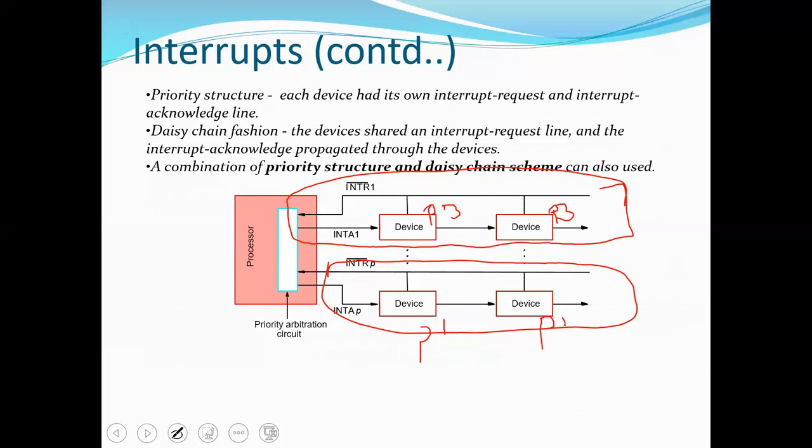So one of the devices will be selected from this particular line and sent to the processor. There is a processor priority arbitration circuit which selects which device has the higher priority, and that particular device will be getting the final acknowledgement.